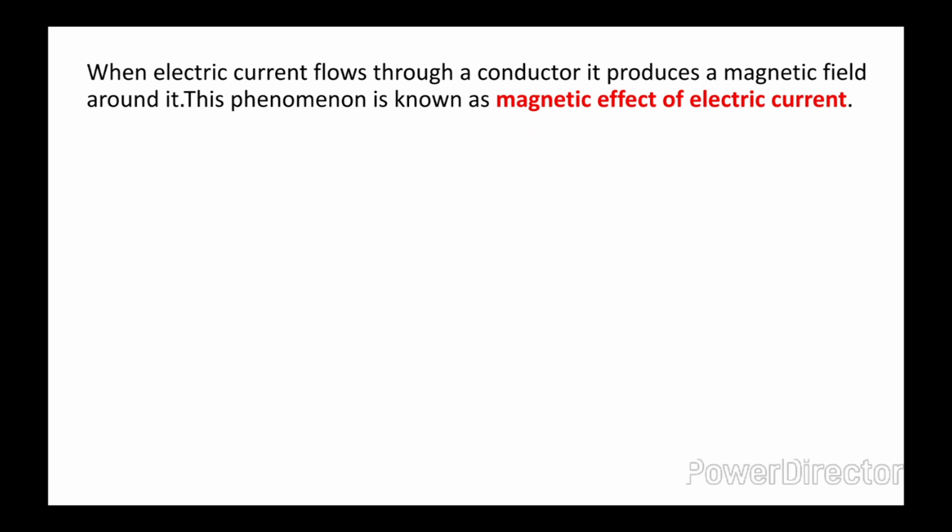Hence, in our previous video we discussed that the iron nail attracts the iron paper clips when there is a flow of current, because when the current flows, it produces a magnetic field around it. This phenomenon we call the magnetic effect of electric current. Hence we can say that the electric current and magnetic effect are interconnected.